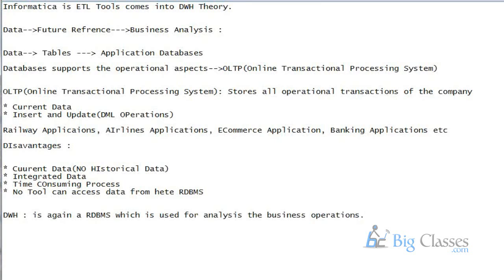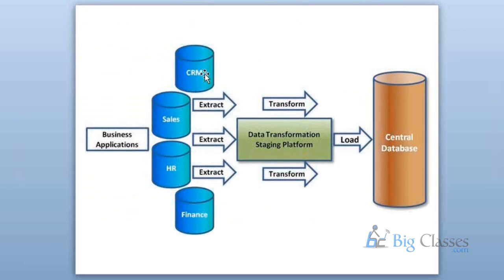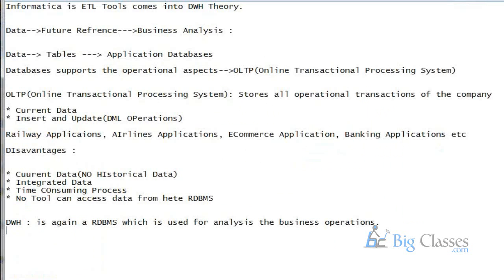So every day the transactions that were performed on the OLTP, we are going to perform the data extraction, data transformation, and data loading into the data warehouse. Since we are loading every day into the data warehouse, we are not going to perform any kind of deletion of the rows from the data warehouse.